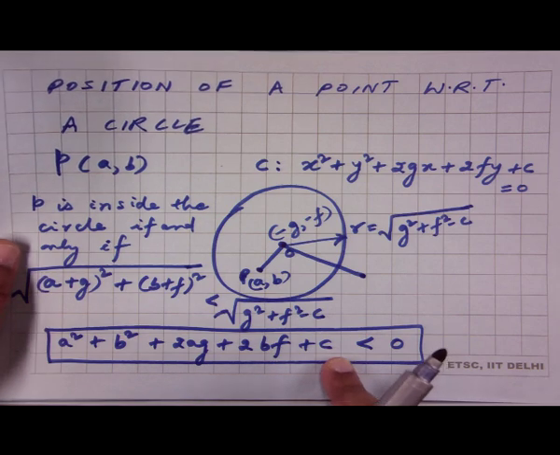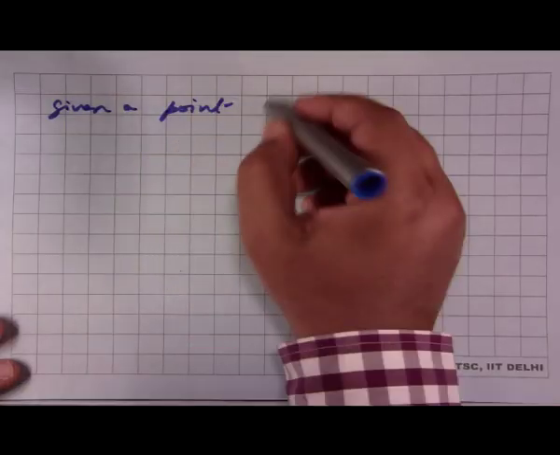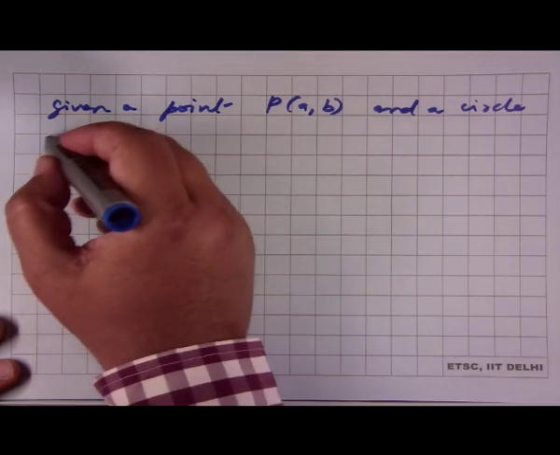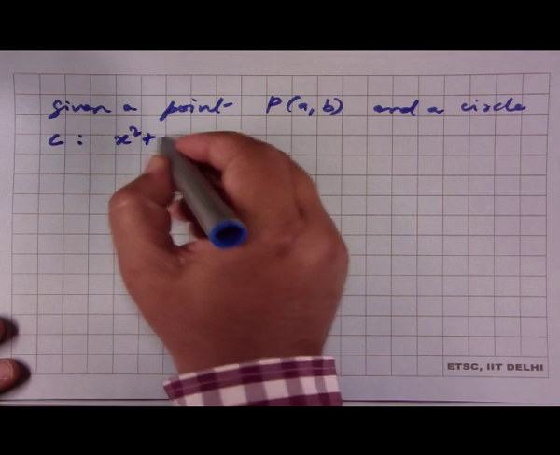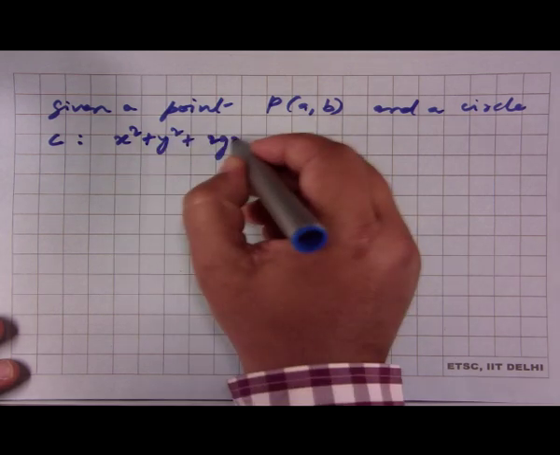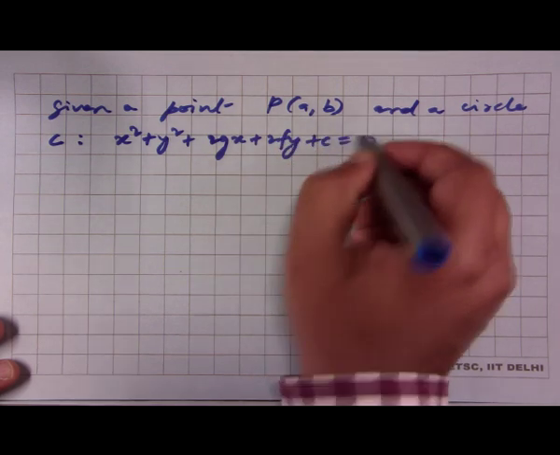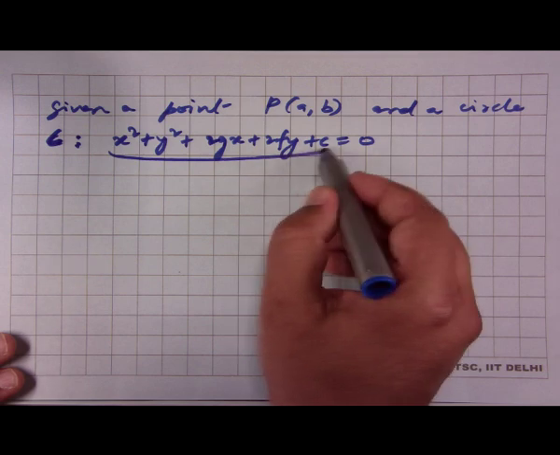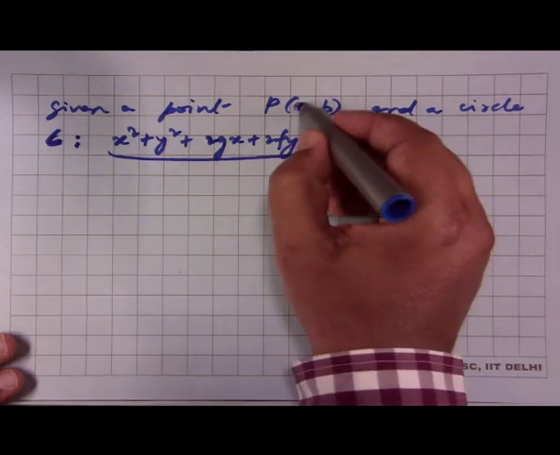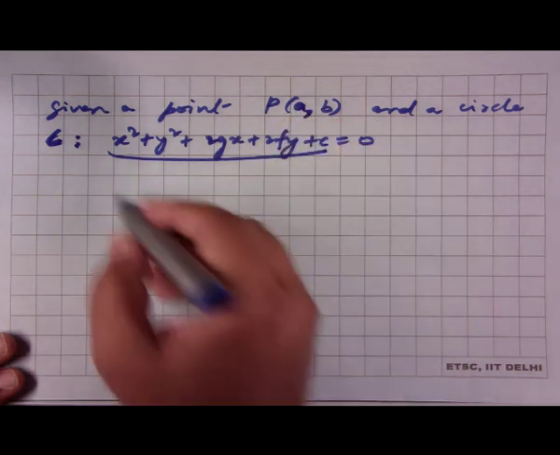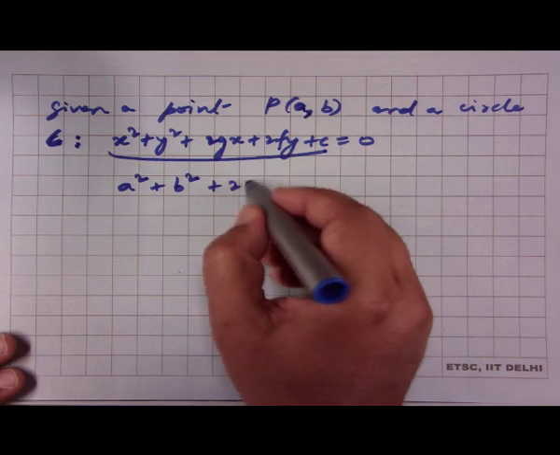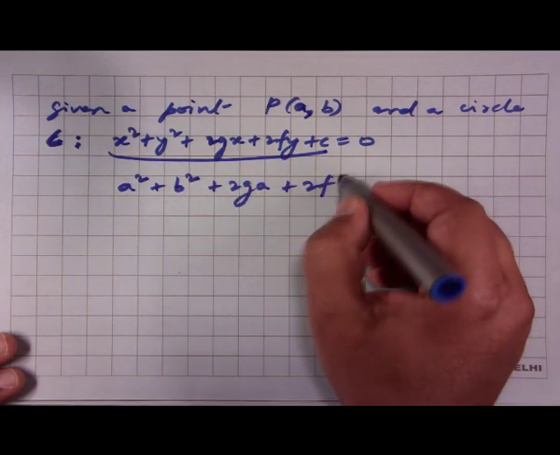So, these are the three scenarios. Given a point a comma b and a circle C having this equation, we will first compute this expression with the coordinates of the point P. So, we get a square plus b square plus 2ga plus 2fb plus c.